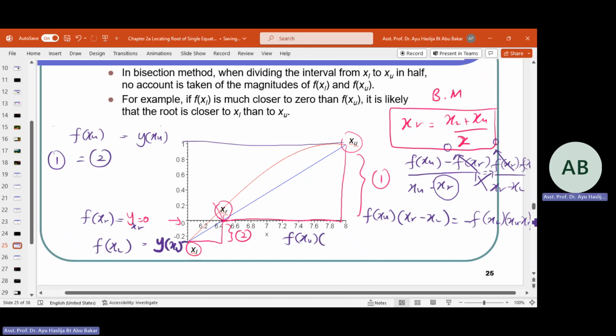Do the maths, then you will get your XR on the left hand side. So bring both XR to this side.